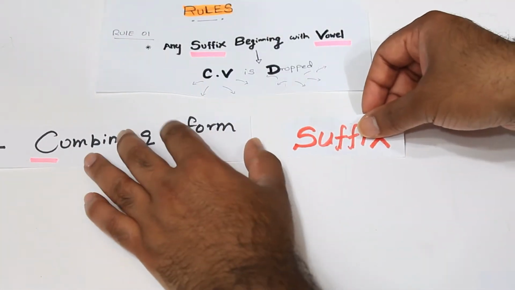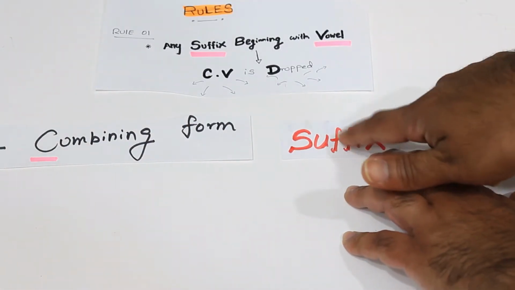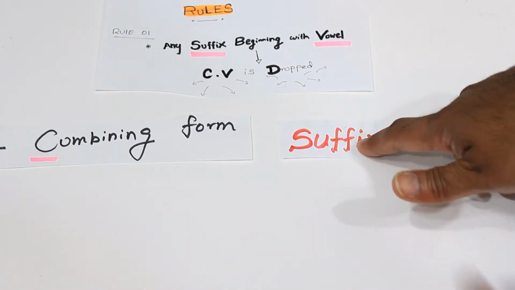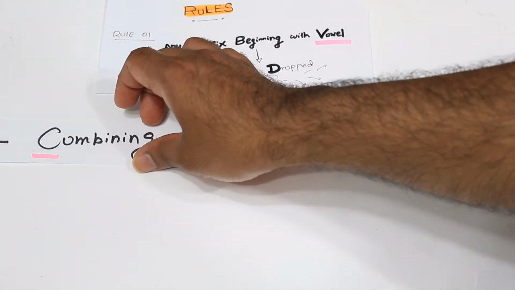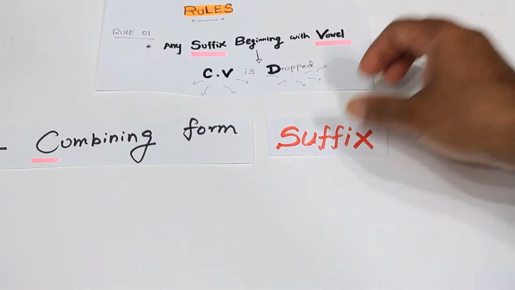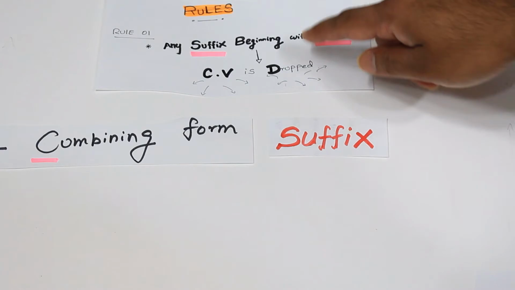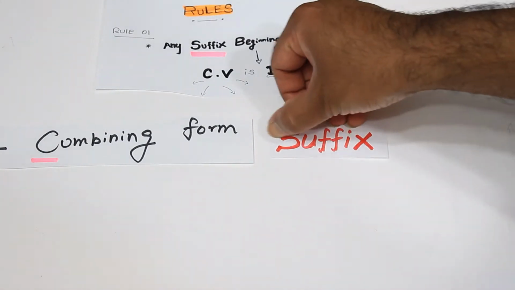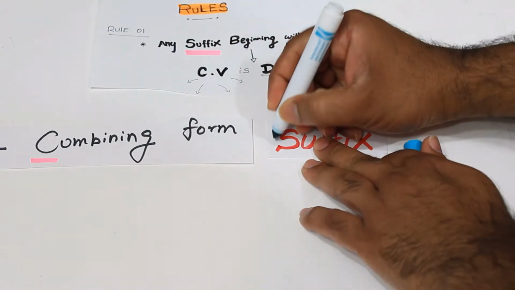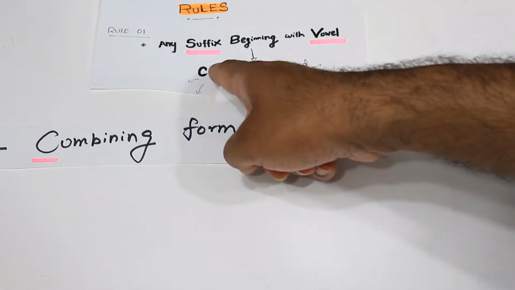You have to keep in mind that the suffix is always at the end of the word. So when we combine a combining form with a suffix, if the suffix begins with a vowel, then what happens?